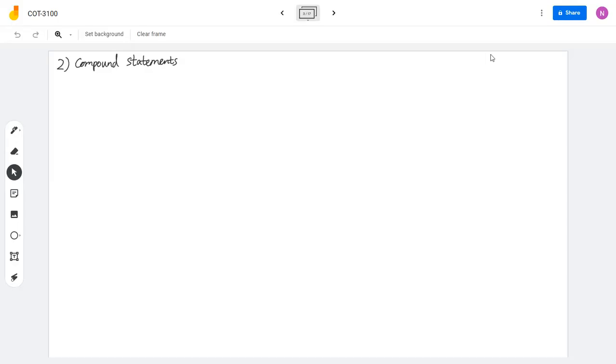Let's use P to denote the proposition that FIU is a public university, and Q to denote the proposition that FIU is a university located in Miami.